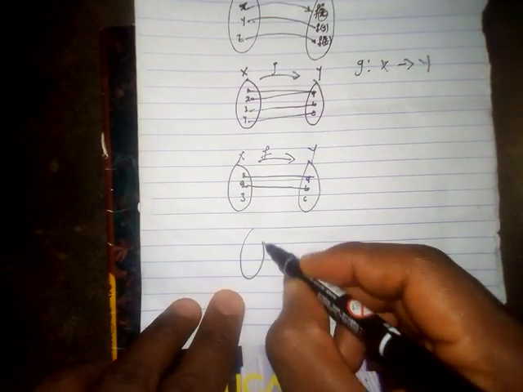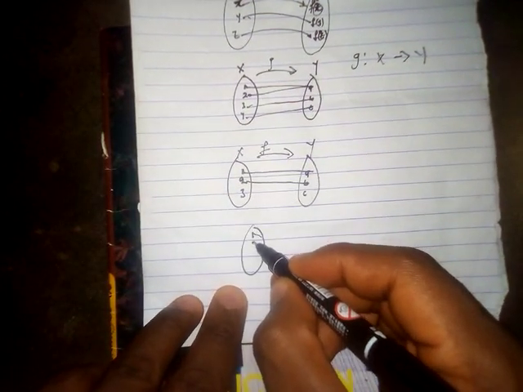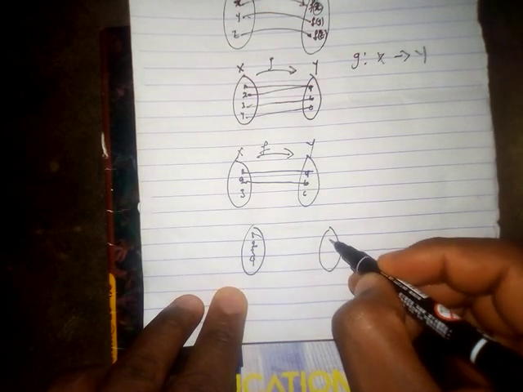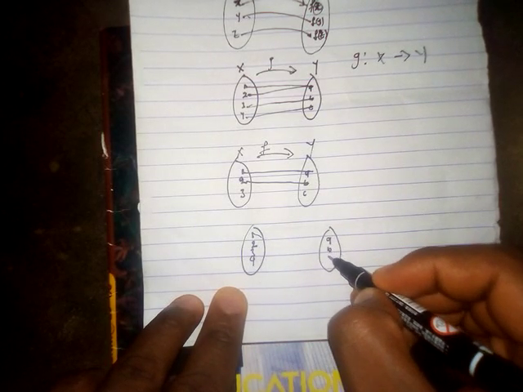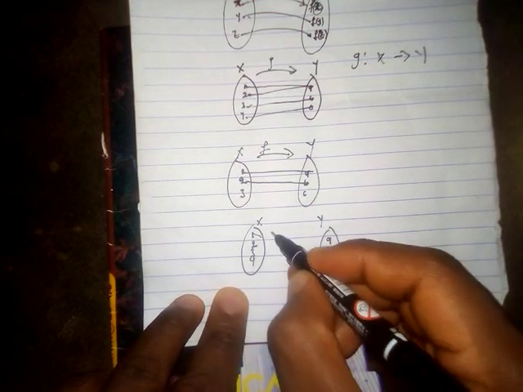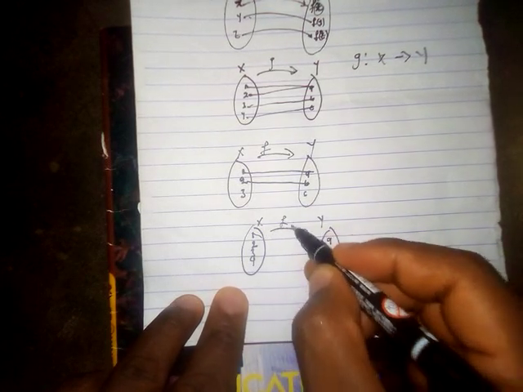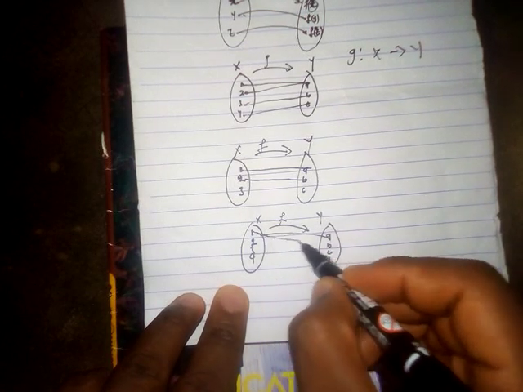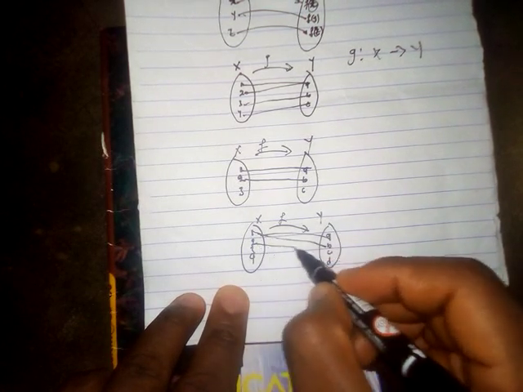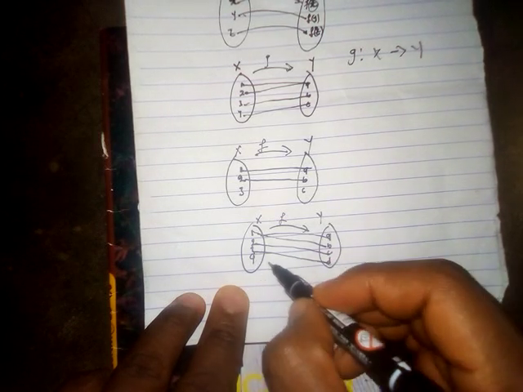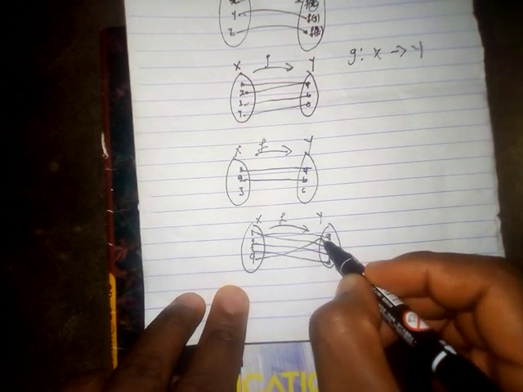Another case is when you have 1, 2, 3, 4 and a, b, c, d. You take this as your X, take this as your Y. Let's say this is a function f. Now 1 goes to a, the same 1 goes to b, 2 goes to c, 3 goes to d, 4 goes to a.